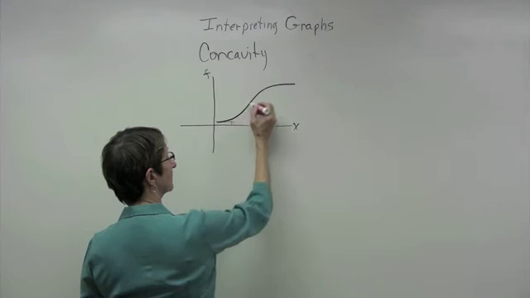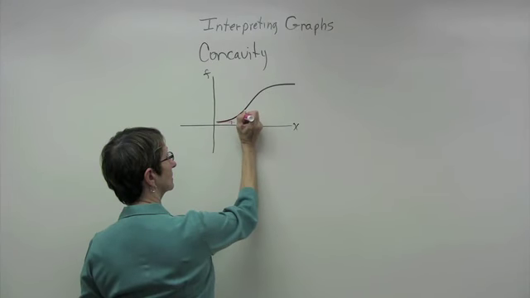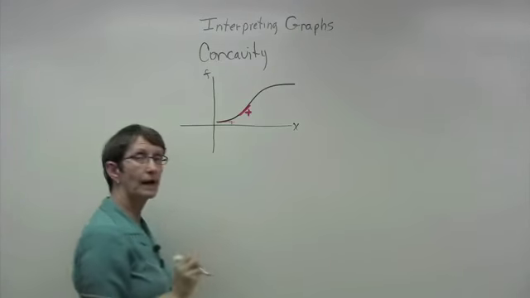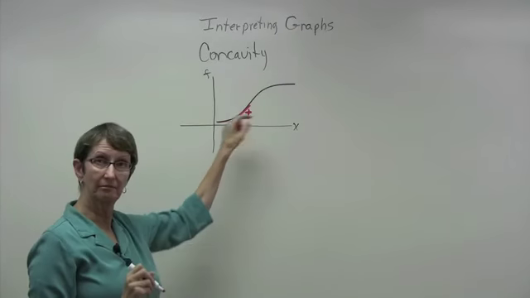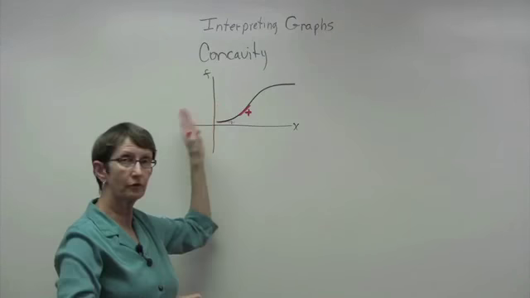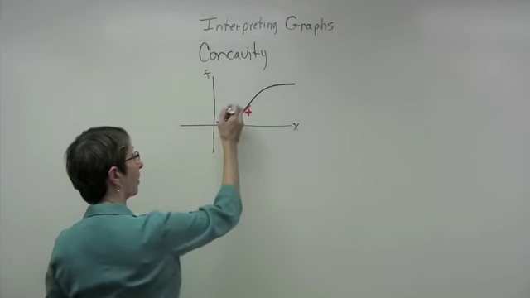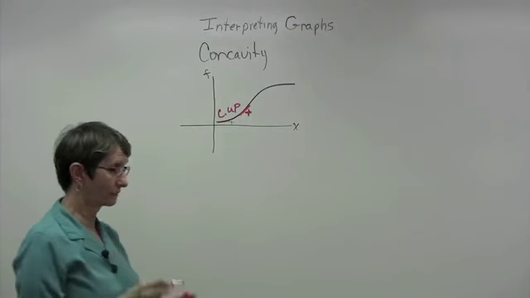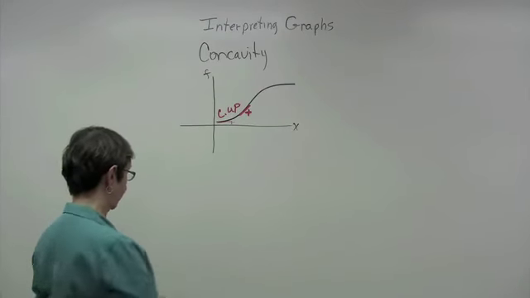As I move to the right here, it's still a positive slope, but it's a whole lot bigger. Small, big. So it's getting steeper, and that increases from left to right. So this part of the graph is concave up because of the way the slopes increase.